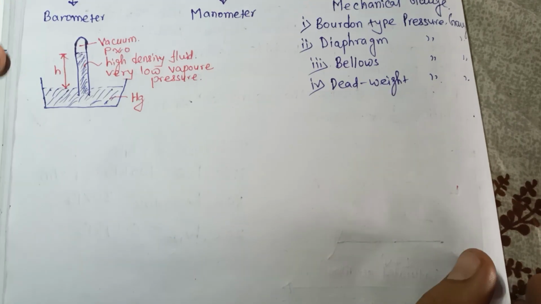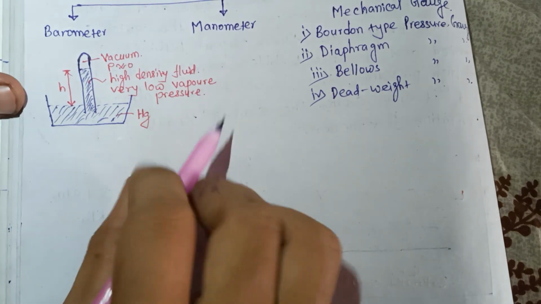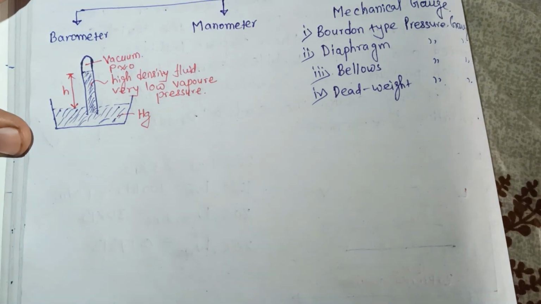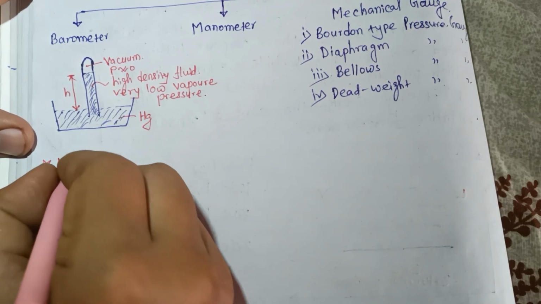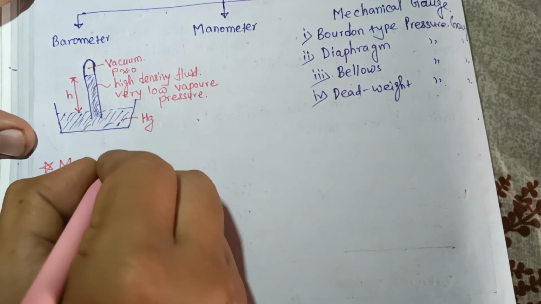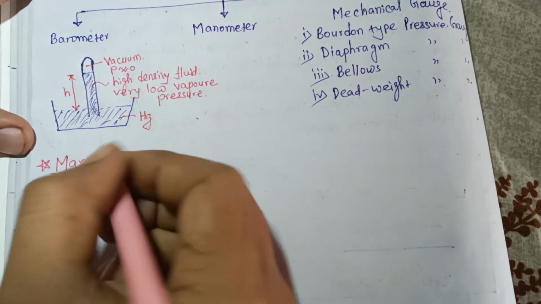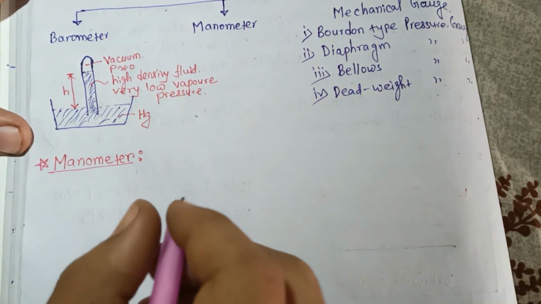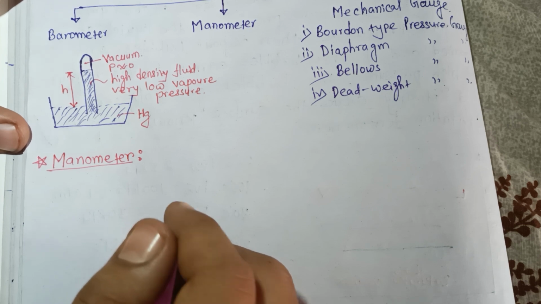Okay, so let's focus on the manometer. This is very, very important. In the manometer, the pressure measurement is defined by liquid column deflection.